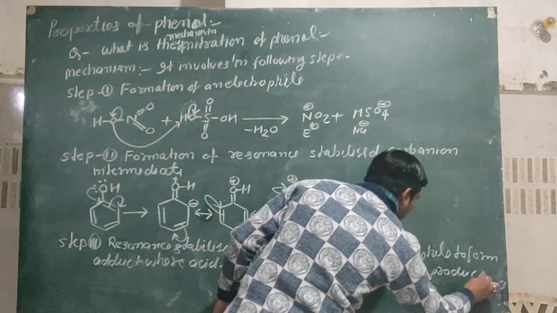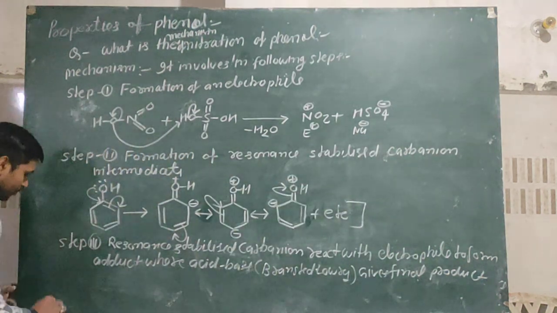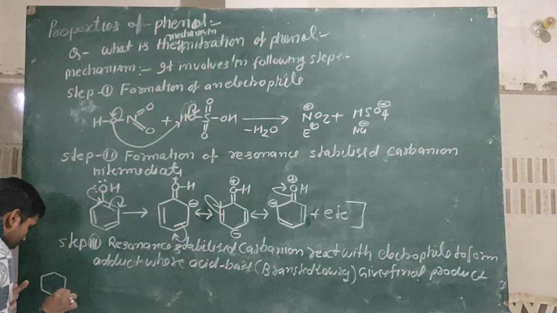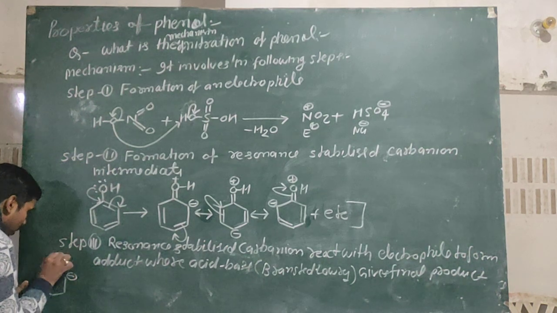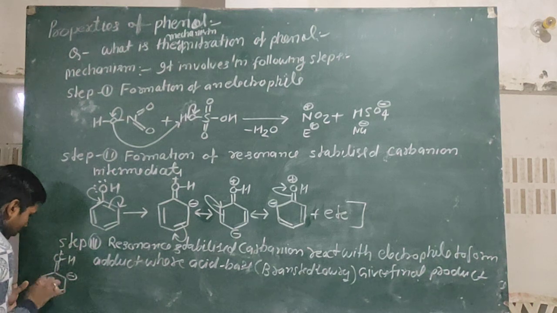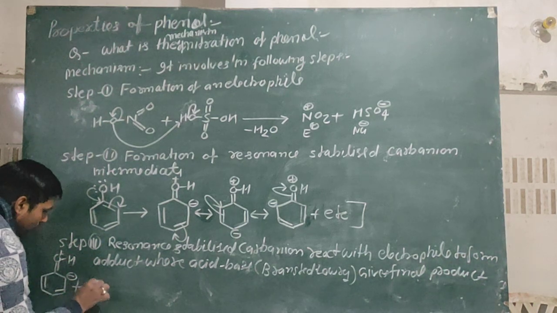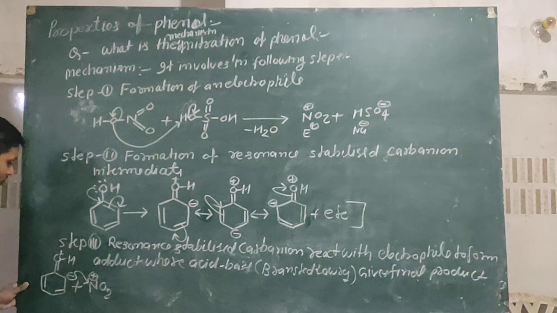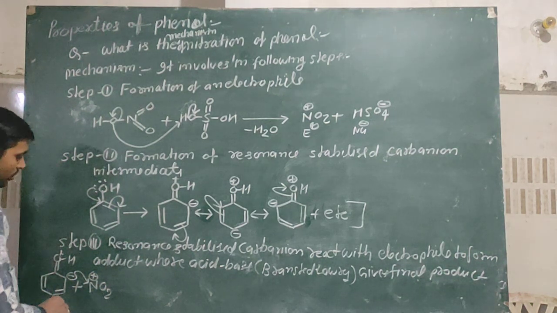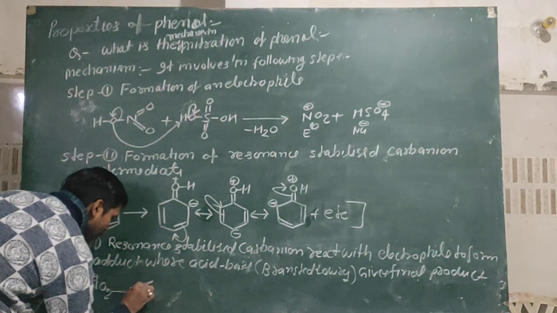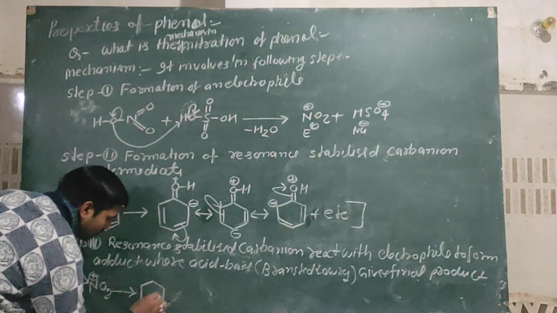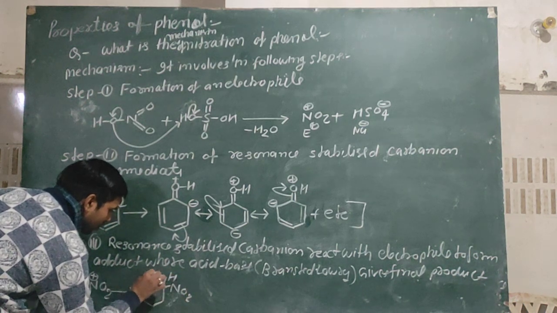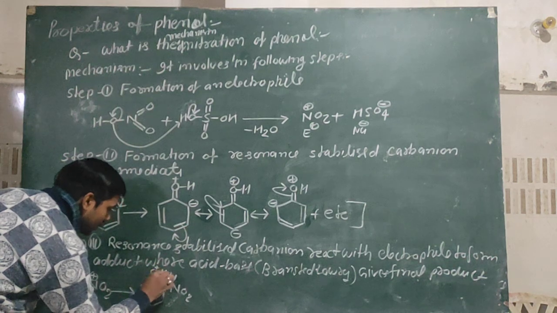Okay, you can see here when double bond O plus H reacts with NO2, which is an electrophile, then this bond attracts NO2 toward itself, by which formation of NO2, hydrogen, double bond OH takes place.